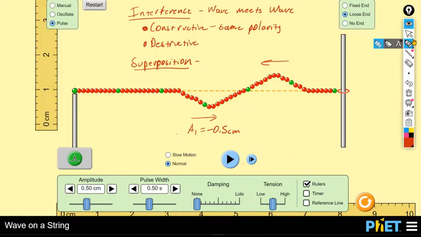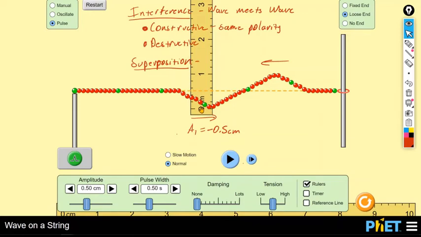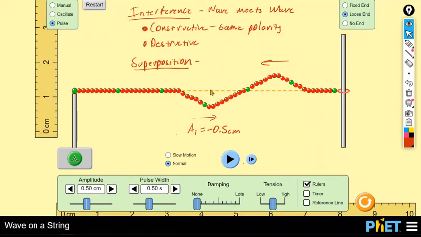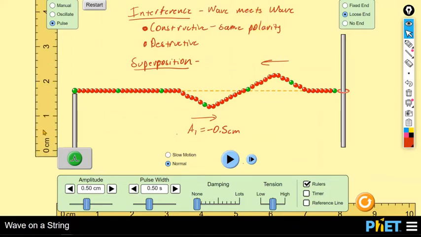And we can measure that to make sure it's right. It's about half a centimeter. Now this is negative because its polarity is negative. It's below the equilibrium. This wave has the same magnitude of amplitude, but it's got the opposite polarity. It's above the equilibrium.